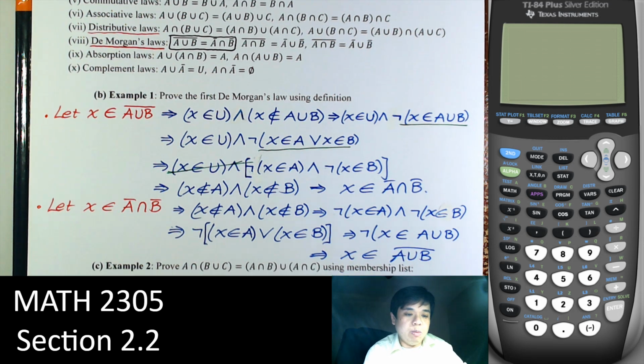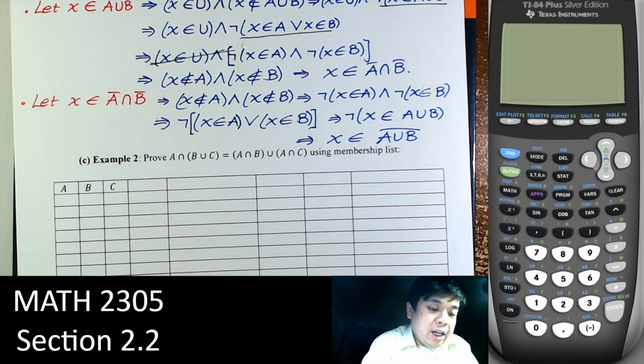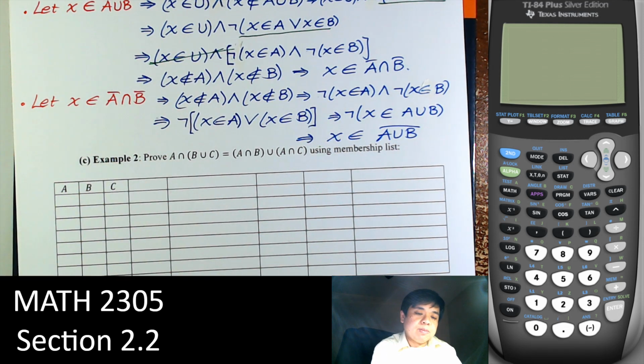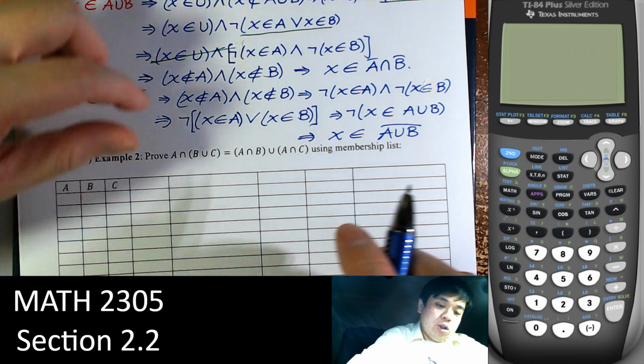Right, so that's the proof. Another way to do this is using the member list. So we list everything in here. Now we want to prove these properties. First I'm going to do the left hand side.